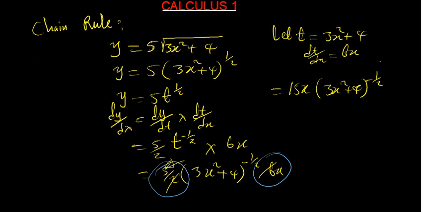So now, because this power is negative, we want to make sure that it is positive. So to make sure that it is positive, we are going to take our term down. So that will be 15x over. So this part which is at the negative power goes down, becomes 3x squared plus 4. And then now it becomes positive 1 over 2.